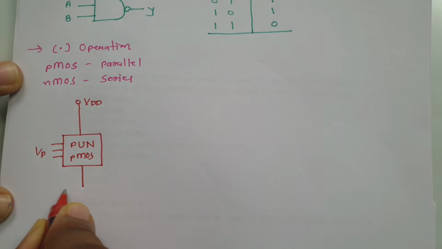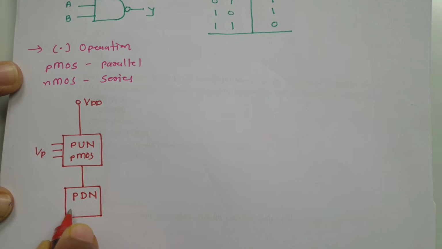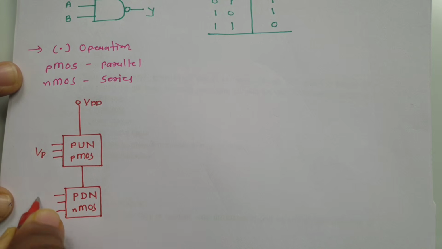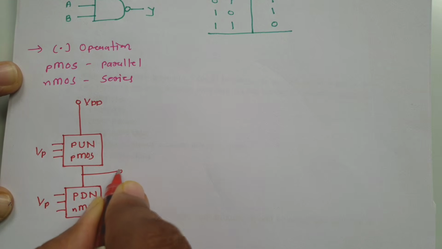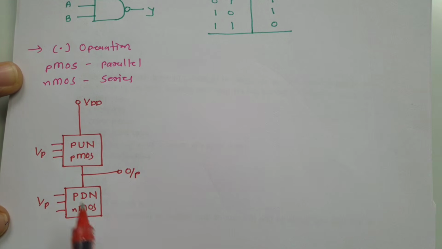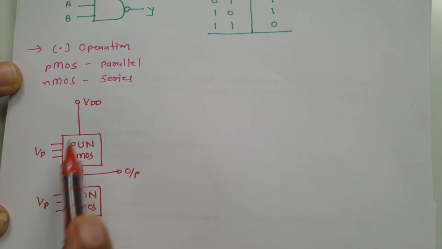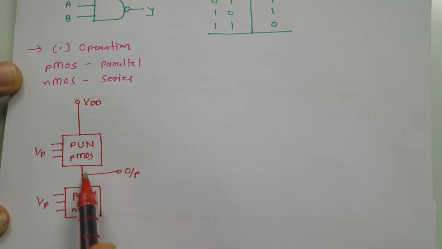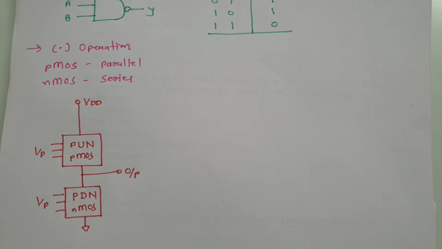After that there will be the pull-down network, another block, which is made up of NMOS transistors, and here I am showing inputs to the NMOS transistors. Here we ground this, and the output comes from between. So this is the common structure of CMOS: after VDD there is the pull-up network, below that the pull-down network, and in between the output.